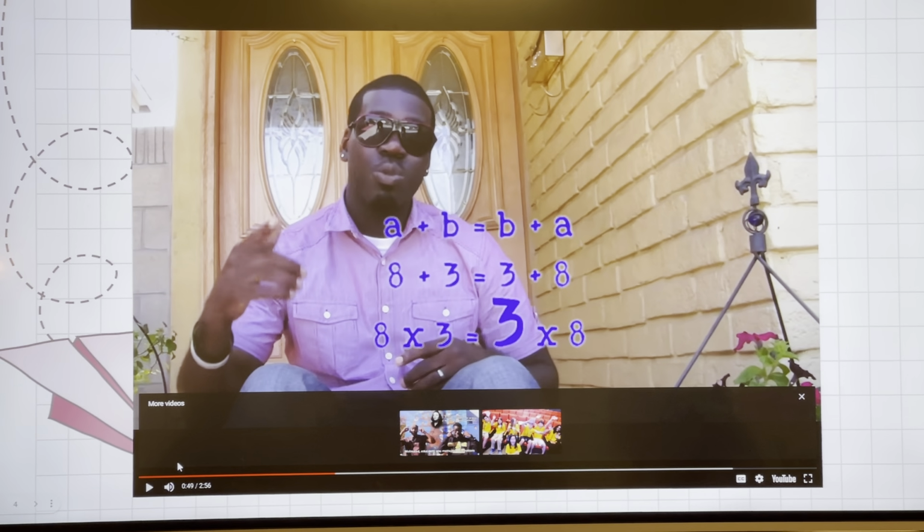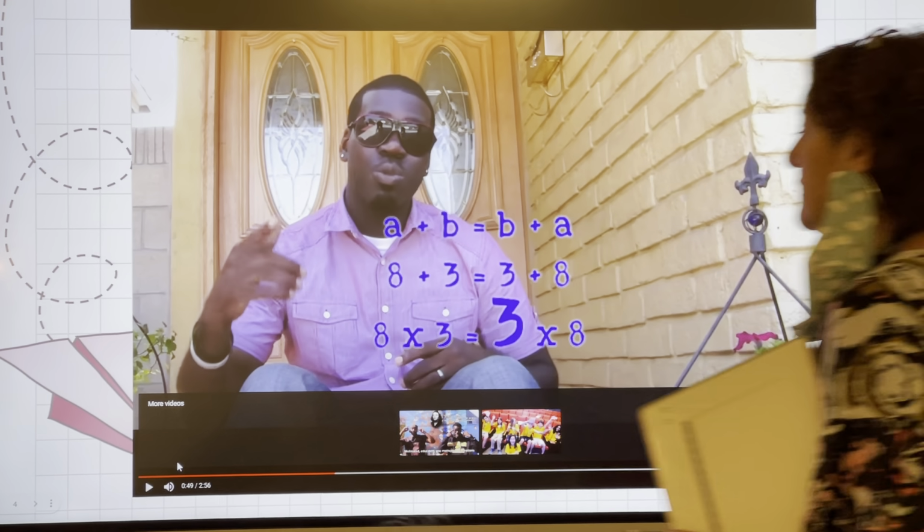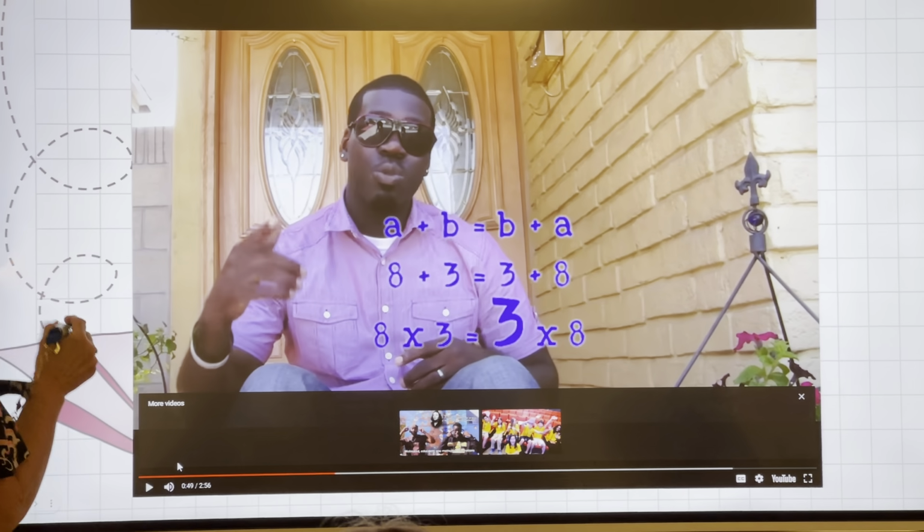8 plus 3 equals 3 plus 8 would go under addition. And 8 times 3 and 3 times 8 would go under multiplication. Also, go ahead and add to that A times B and B times A. I want you to add to this.